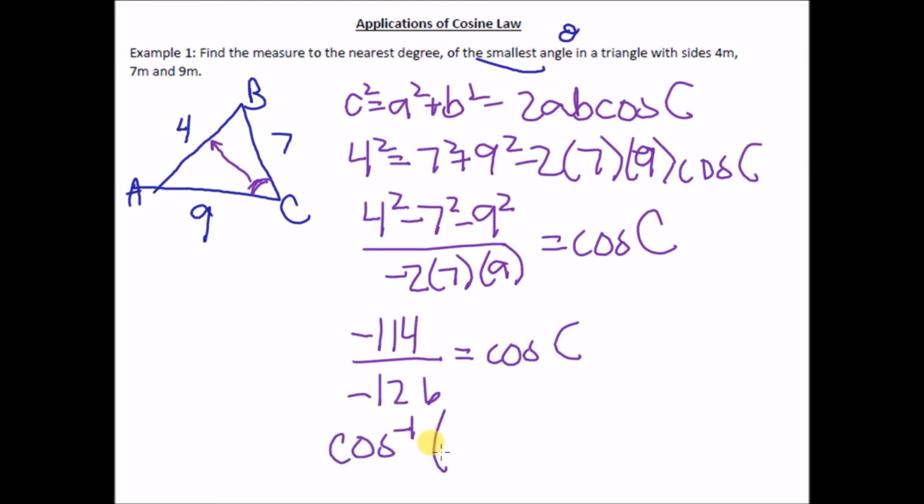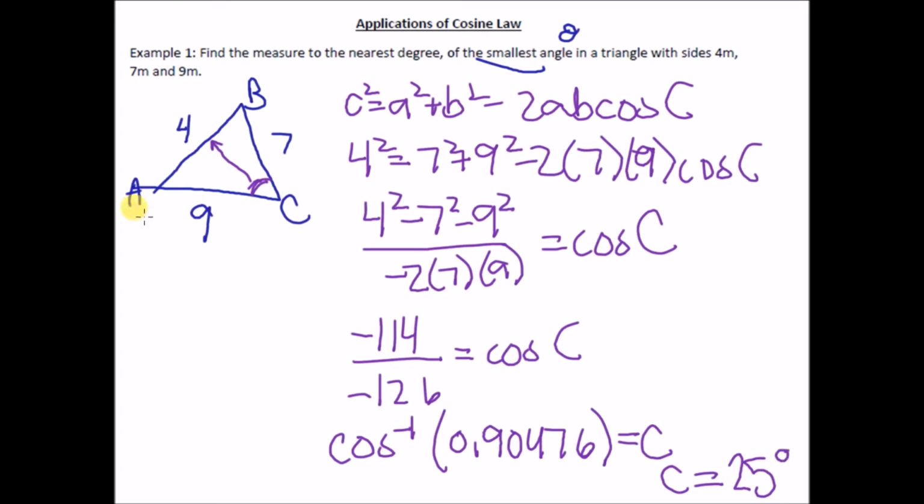Cos inverse of 114 divided by 126, I get 25.2, and this is going to equal angle C. So angle C equals 25 degrees. So that is the smallest angle in that triangle.